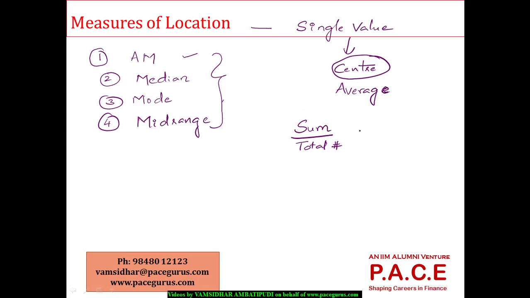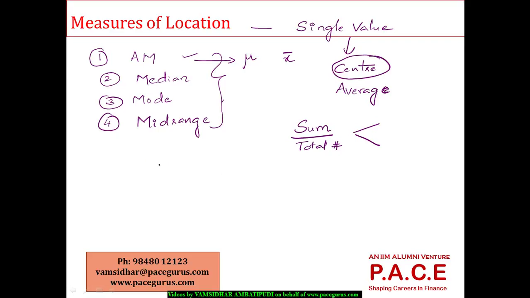If I'm doing this for a population, I say that the arithmetic mean is represented by mu, where it is the sum of all the data of the population divided by the total number of elements in the population. But if I am doing it for a sample, I denote it by x bar.